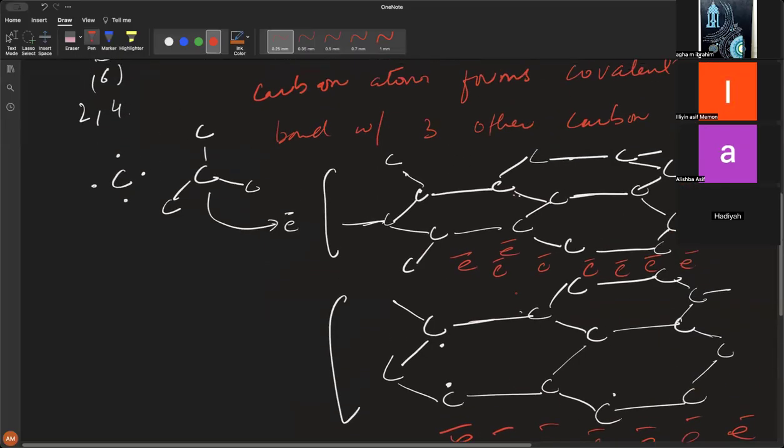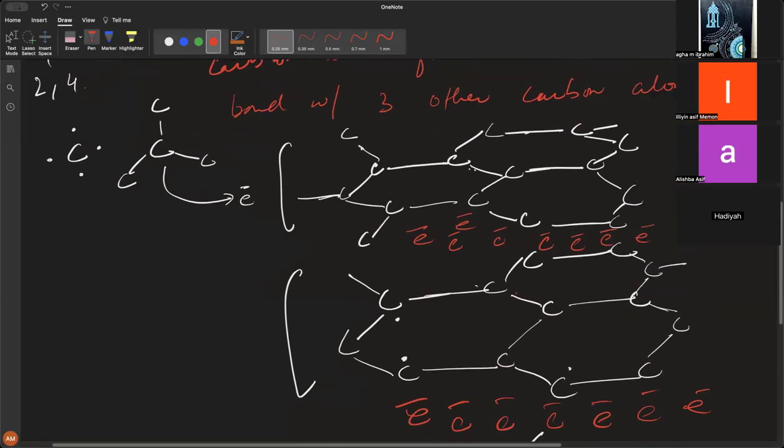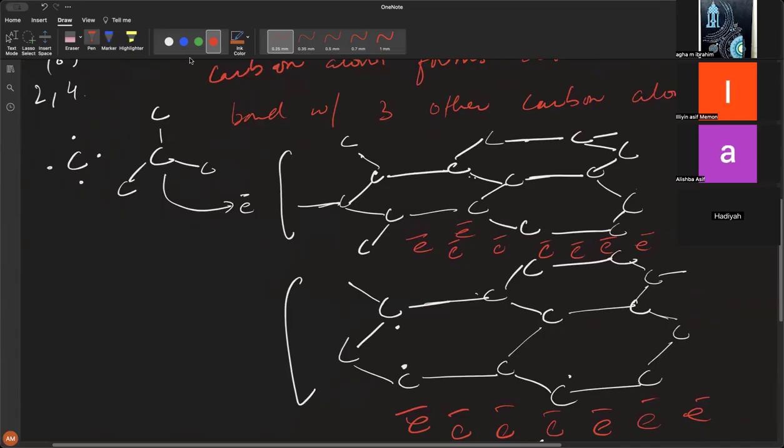This gives graphite a sea of electrons, because we see a sea of electrons only in metals, where we see such layers of atoms and then electrons in between.